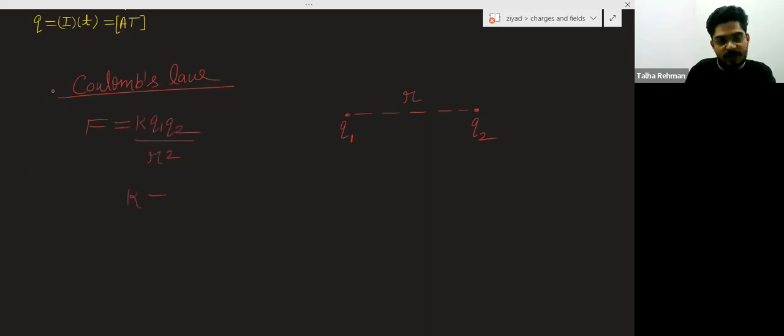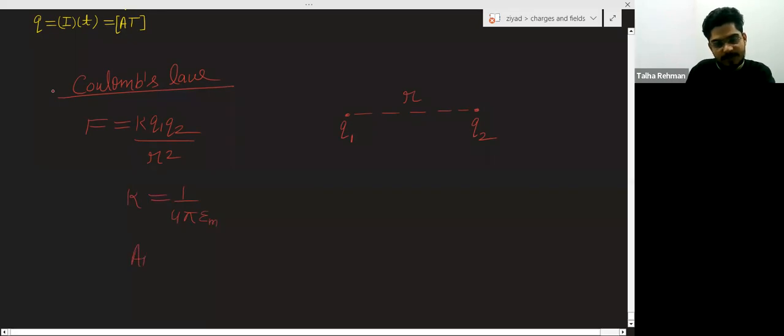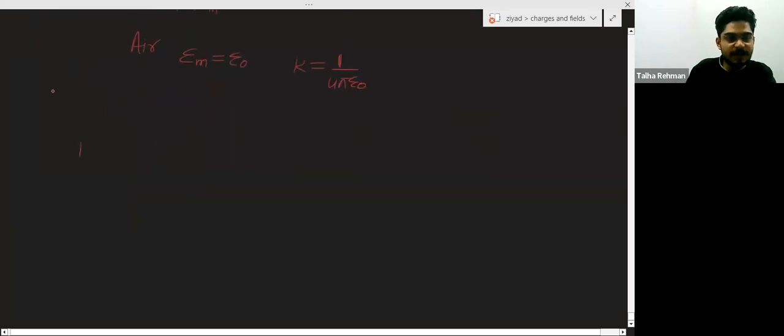And what is the value of K? 1/4 pi. If air is there, you will use epsilon naught, otherwise you will use epsilon m. So if air is there, epsilon m becomes equal to epsilon naught, and K becomes 1/4 pi epsilon naught.